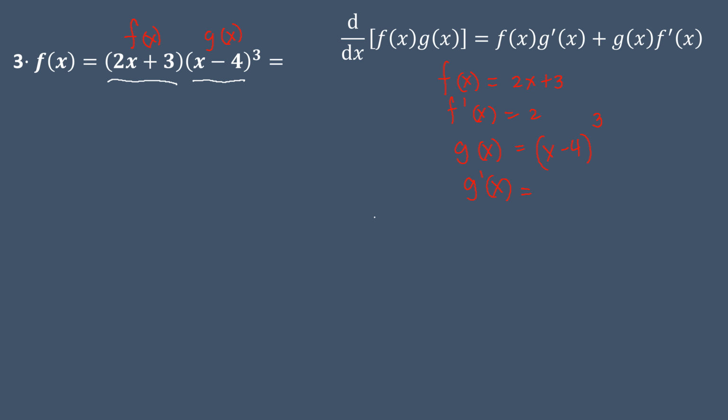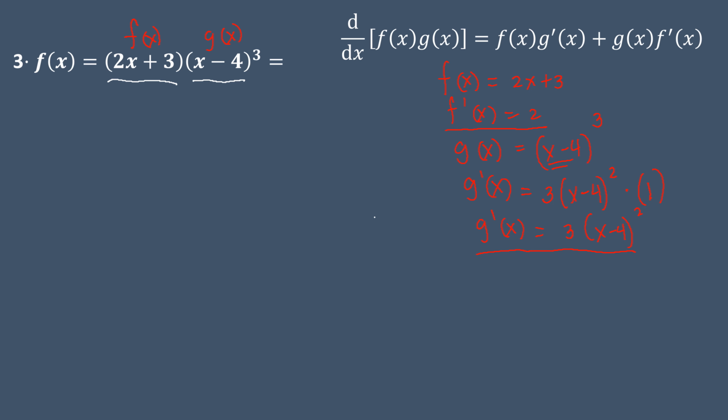The chain rule says that the derivative of the outer function will become 2 already, times the derivative of the inner function. The derivative of x minus 4 is already a 1. So the final derivative of our second function is 3 times x minus 4 to the power of 2. So this is our g prime of x and this is our f prime of x.